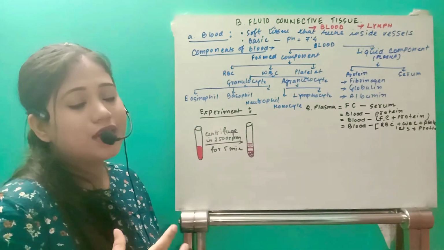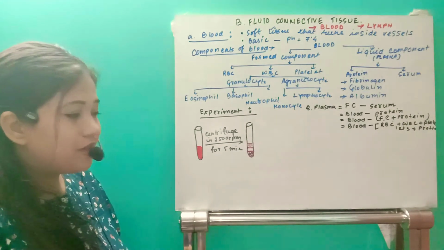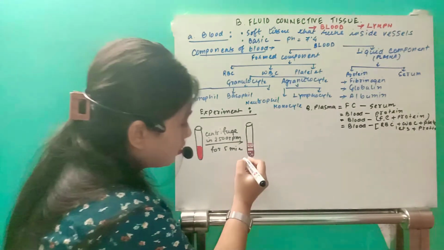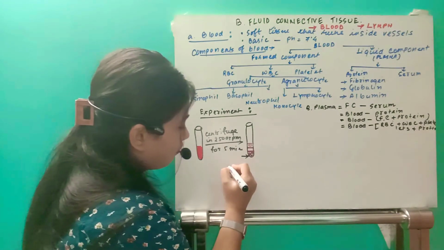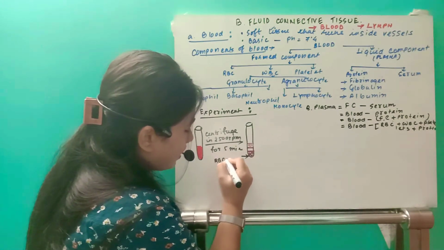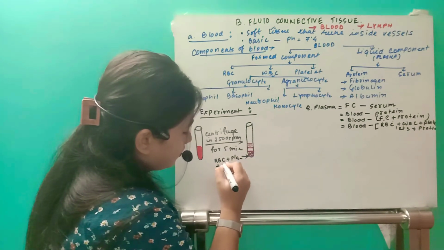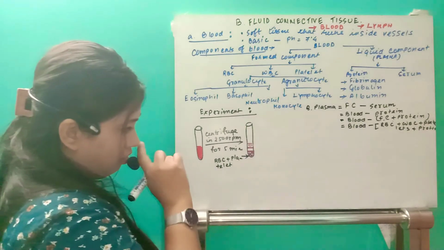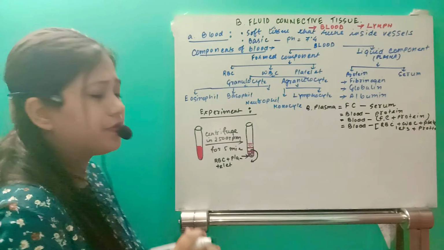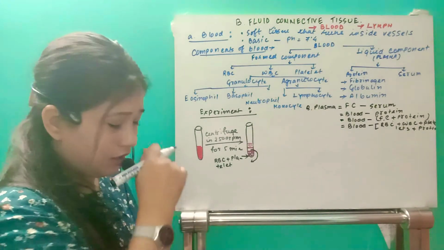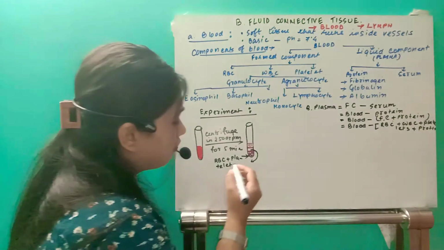Understand? So what will those layers actually have? On the bottom you will see that two components are present: one is the RBC and the second one is the platelet. Just above that we will see a transparent layer. What does that transparent layer have?